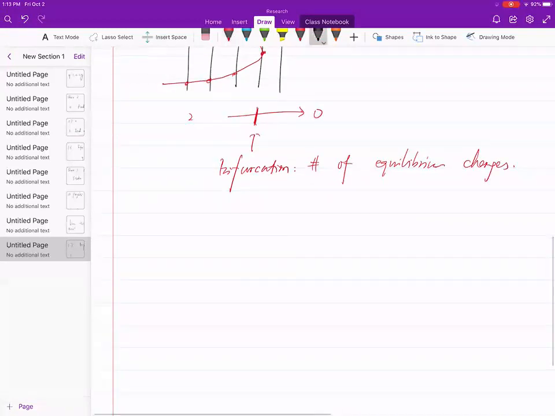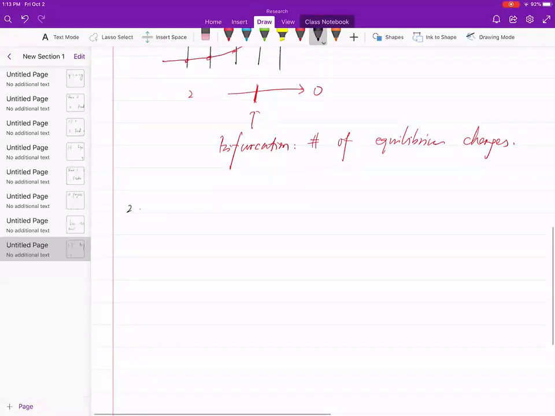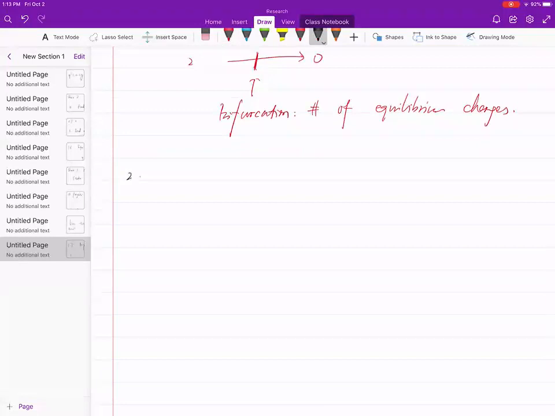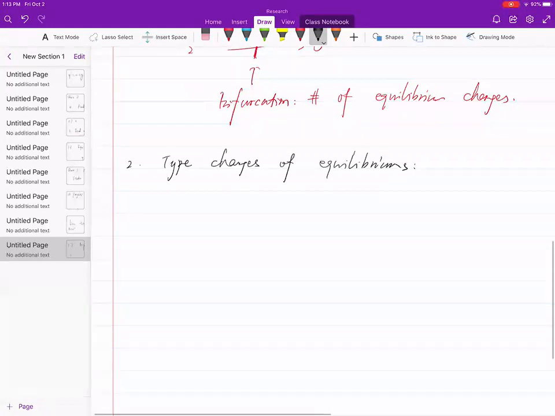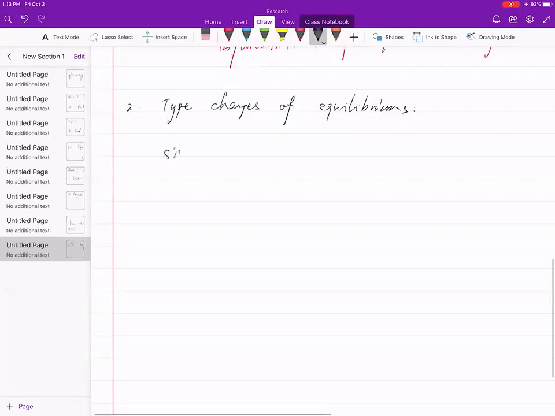All right, for the second part, we want to study the second type of change. That is, even if the number of equilibriums doesn't change, the type changes. When we say type, it basically means a sink becomes a source, or maybe a source becomes a sink.